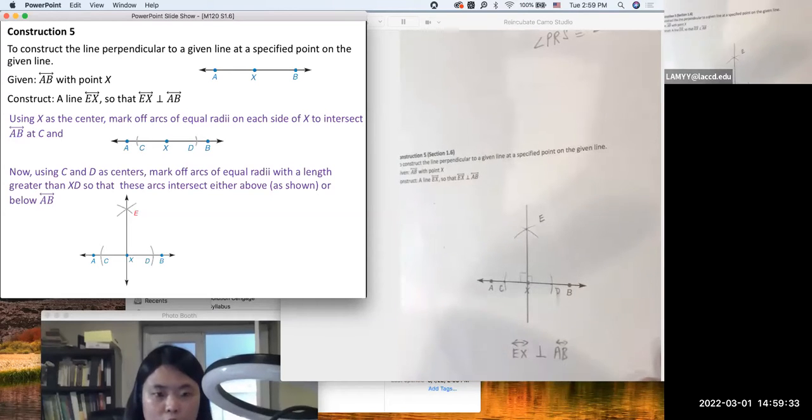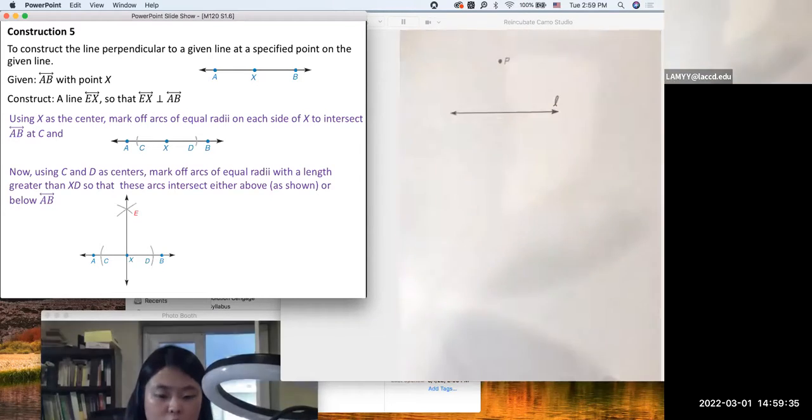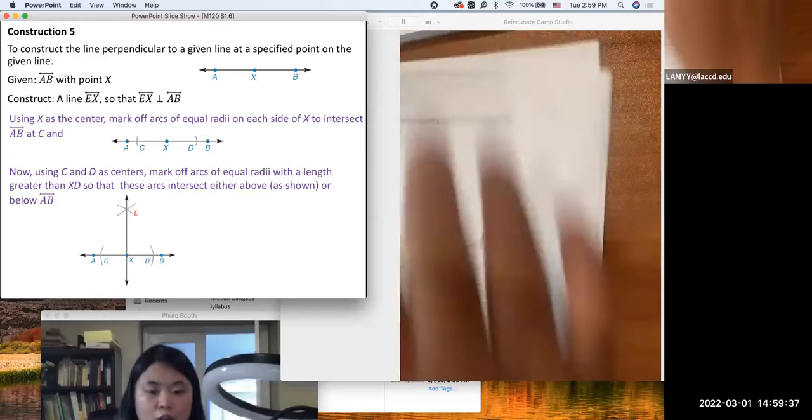Okay, right? Now, section 2.1, the last one.